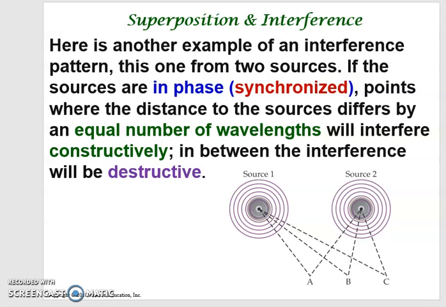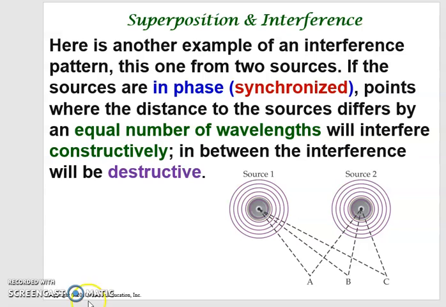Now, this kind of concept is very useful when we try to study the properties of waves. If you have two waves in phase, I can try to rephrase the concept of in phase in a different kind of language.